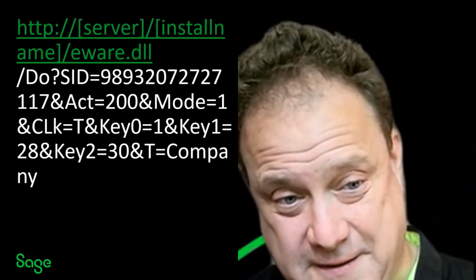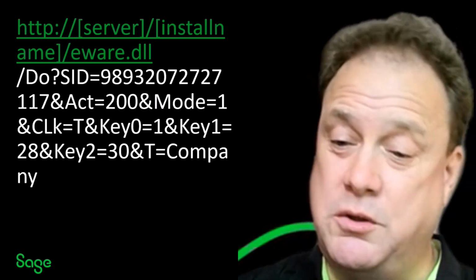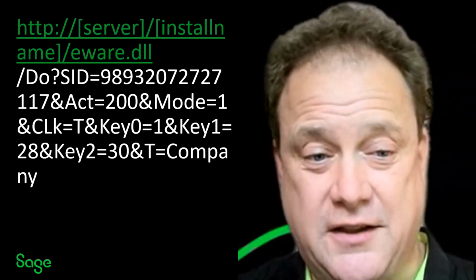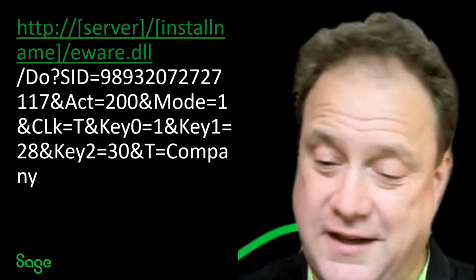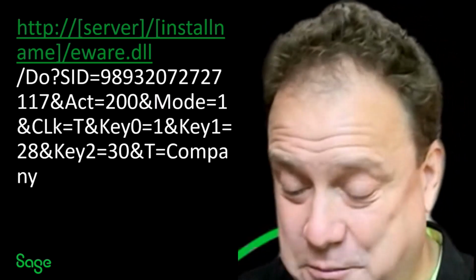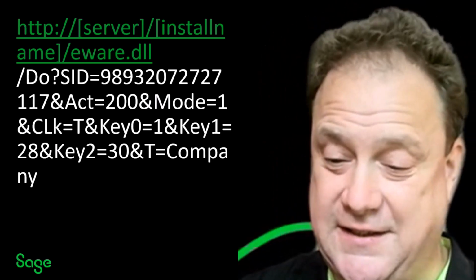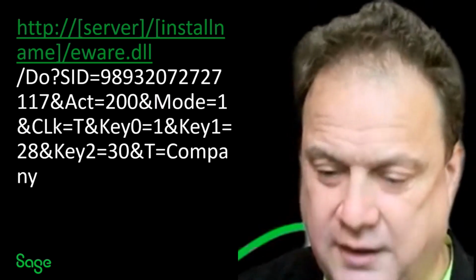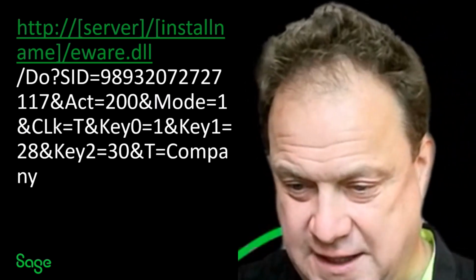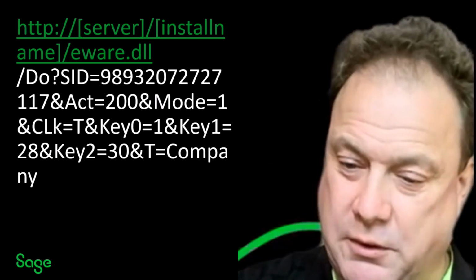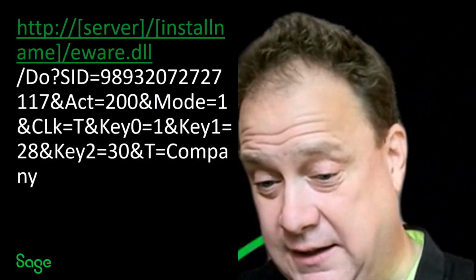After the EWARE-DLL, you will have a query string with a whole set of named value pairs, indicating that there are parameters being passed to the EWARE-DLL. So we need to understand what that EWARE-DLL is.